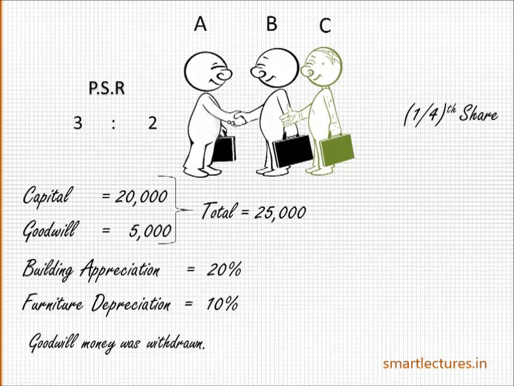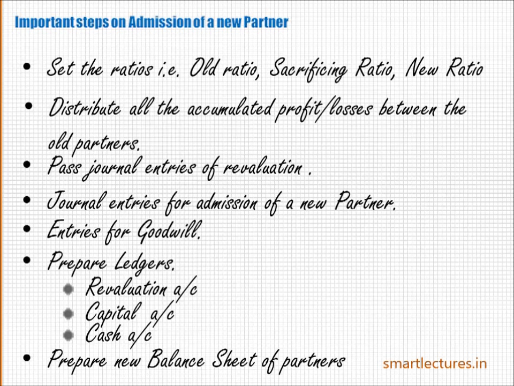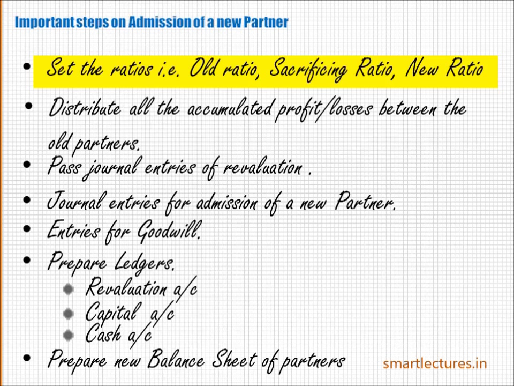You know what steps you have to take at the time of solving the question. I mean to say, for admission of a new partner, first of all, set all the ratios. I mean to say old ratio, sacrificing ratio and new ratio.